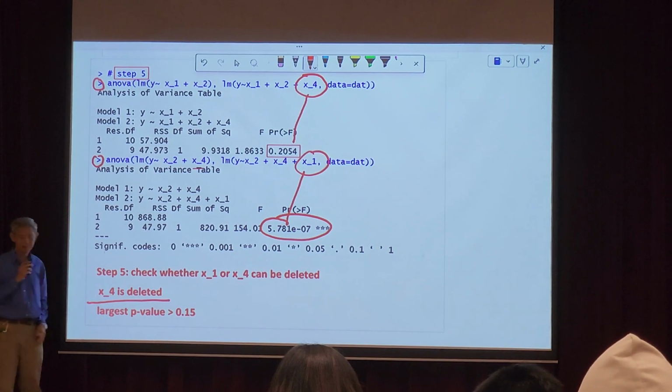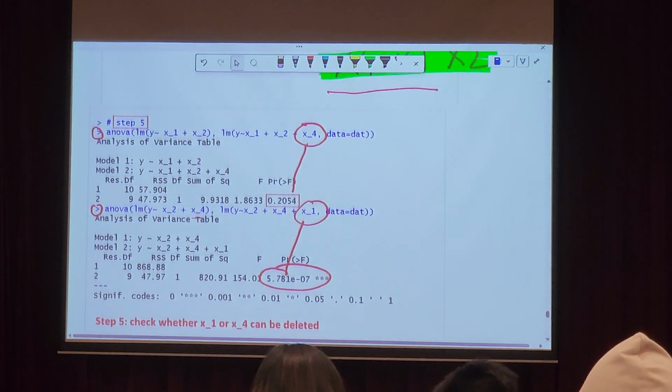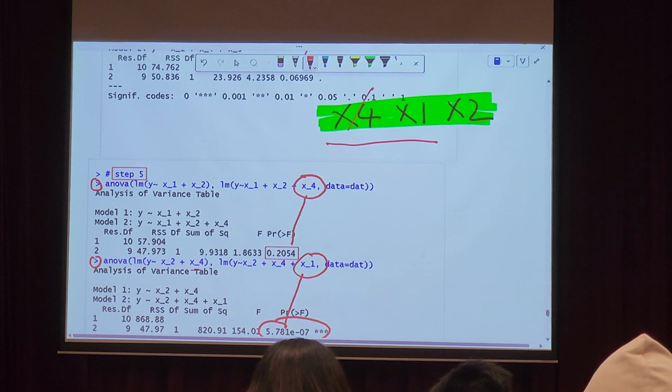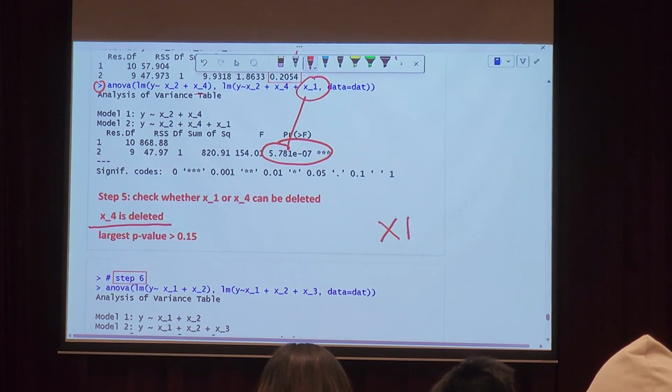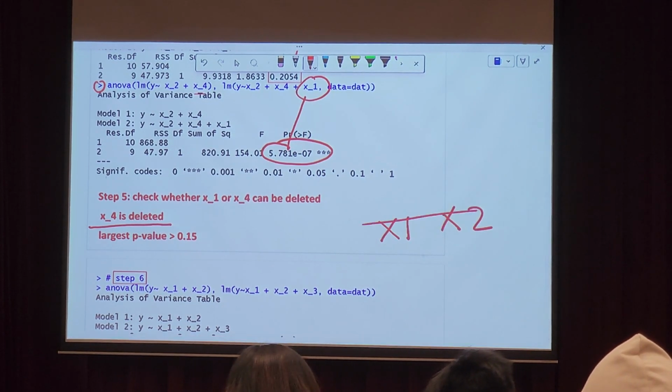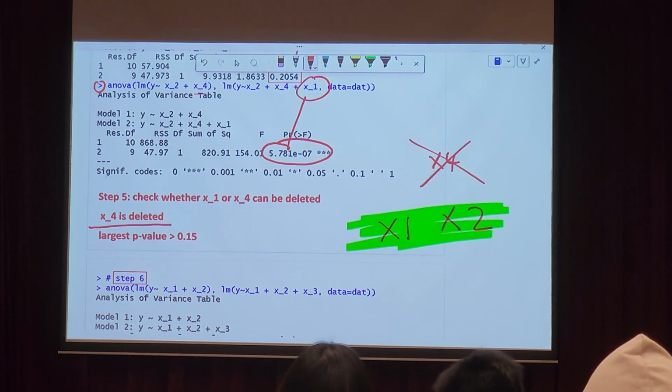So we remove it. So after step 5, we now have x1 and x2. And we just throw out x4 to get this model.